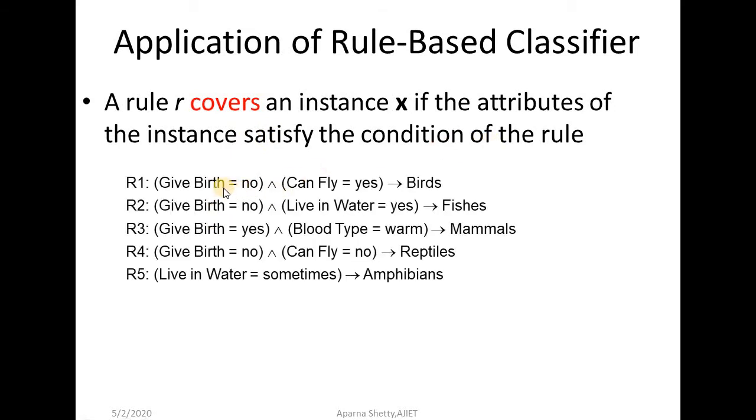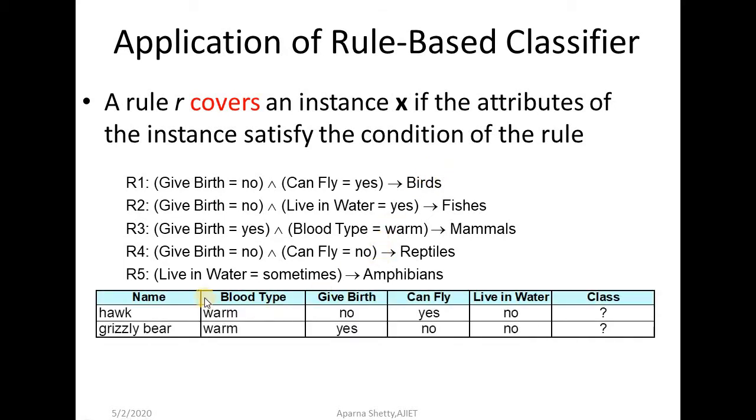For example, in rule R1, the attributes are gives birth is equal to no and can fly is equal to yes. If the attributes satisfy these two conditions, then the rule covers the instance X, and it covers birds.